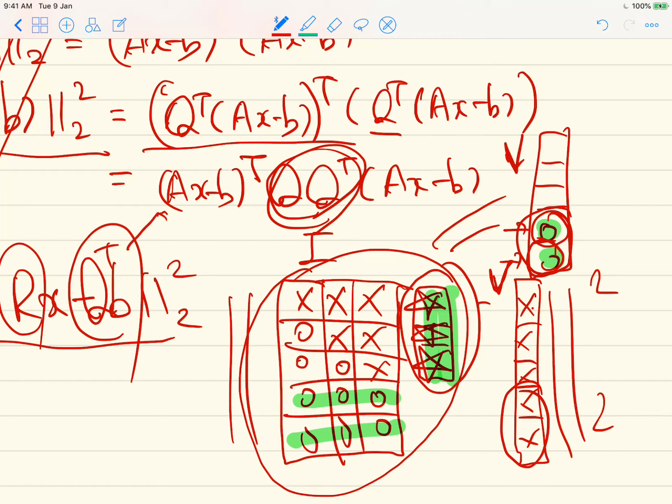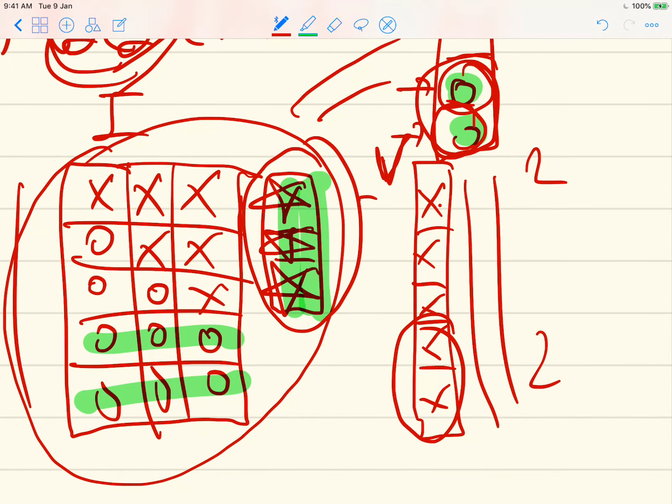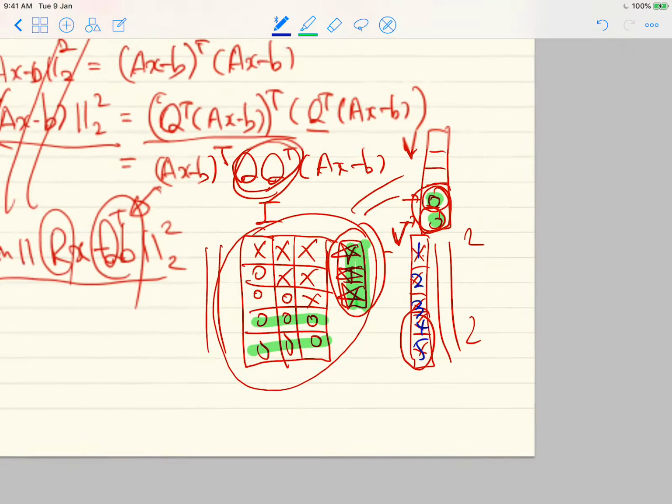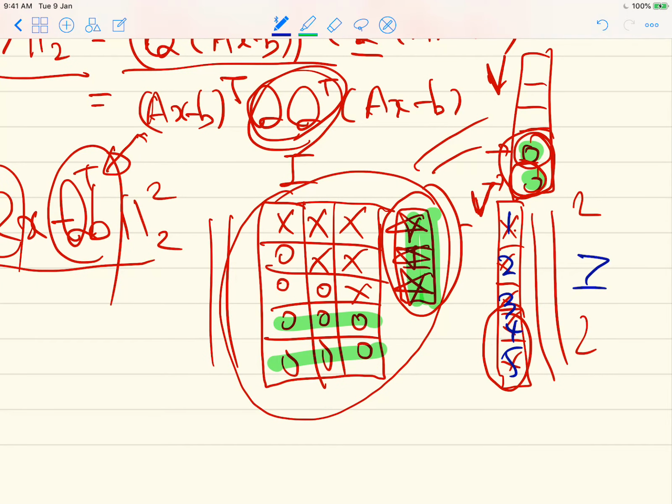So for example, as a result of this Q transpose b, suppose we obtained maybe 1, 2, 3, 4, 5. Okay, so in this case, we can say that the minimum amount of error will be 4 squared plus 5 squared, right?